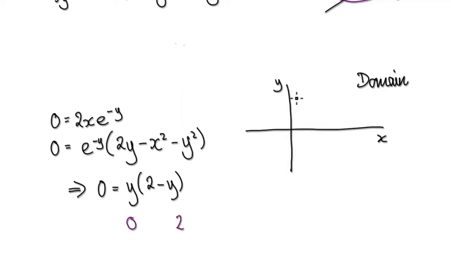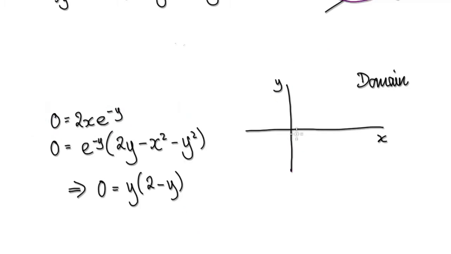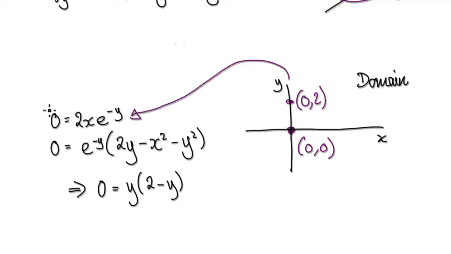So don't forget, anything that lies on this vertical line will satisfy this, and then y is 0 or 2. So we must know that at these 2 points, at (0, 0) and at (0, 2), both of these will be satisfied simultaneously.